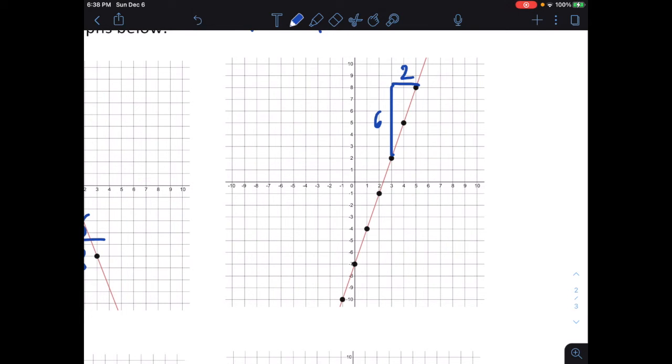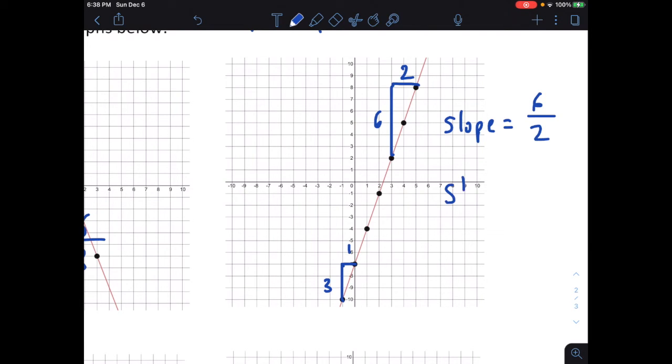So my slope in this case is rise over run. It's 6 over 2. But if I go to just a pair of points that are right next to each other and I don't skip any, and if I go up and then run over, I went 3 over 1.